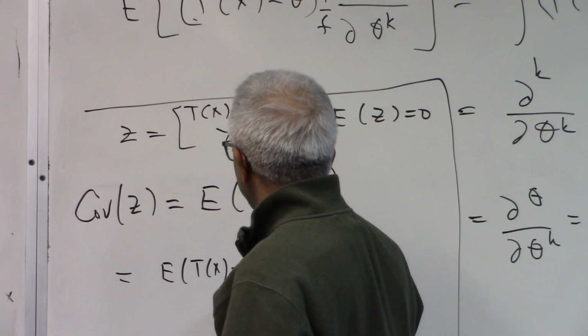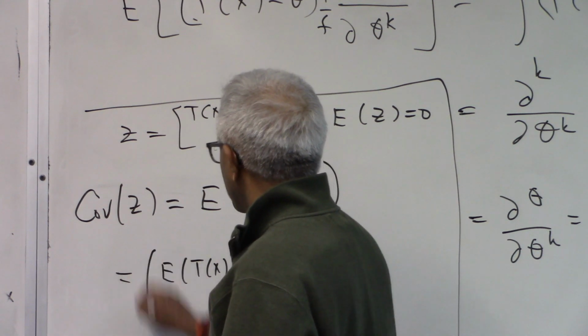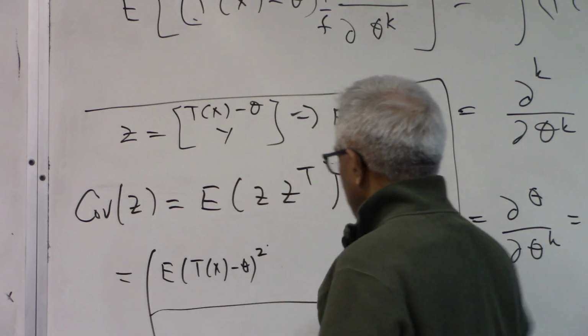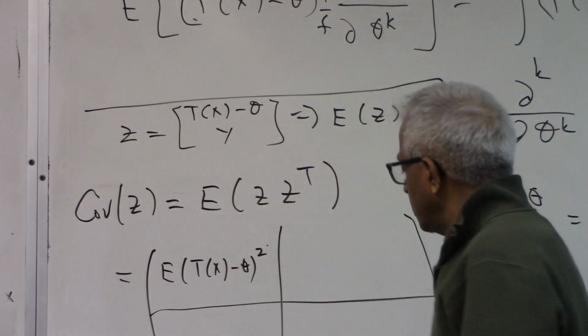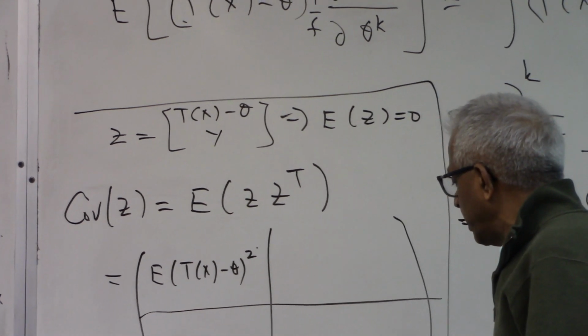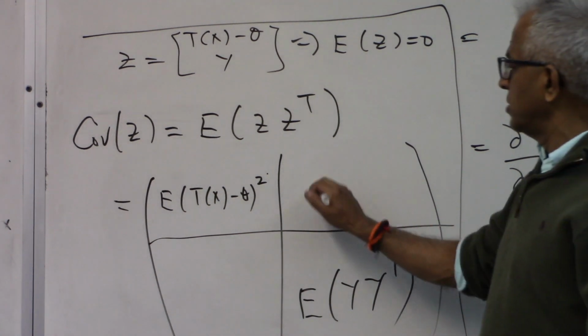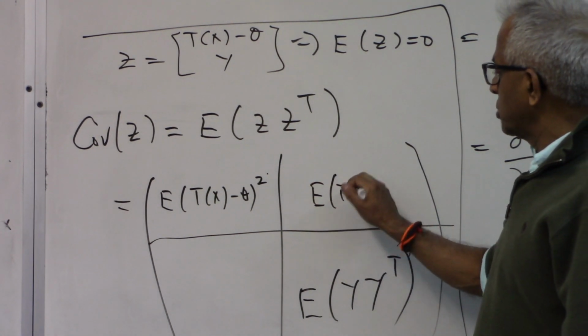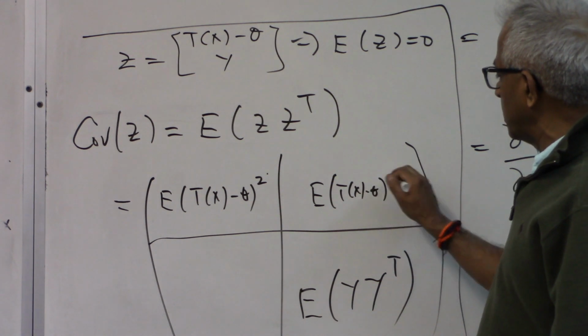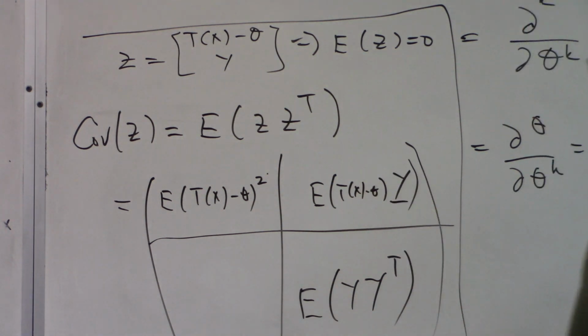That's the variance of Tx. And this is the expected value of y transpose. Anybody, what will be these entries here? This entry will be the expected value of Tx minus theta multiplied by the y vector. We just went through this. y1, y2, y3, what is this expected value?